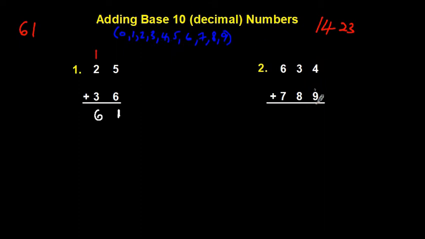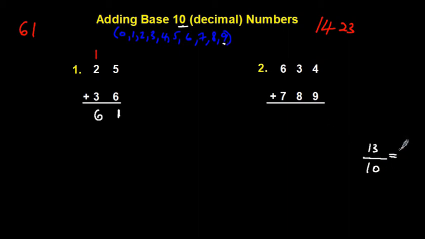Alright, moving on to this one now. So 9 plus 4, 13. But is 13 included in this set of digits? No, 13 is not included, because the highest number in the base 10 system is 9. So we cannot put 13 down here. So you look at it like this now. How many times can you get 10 out of 13? We are in base 10, so we divide this by 10.